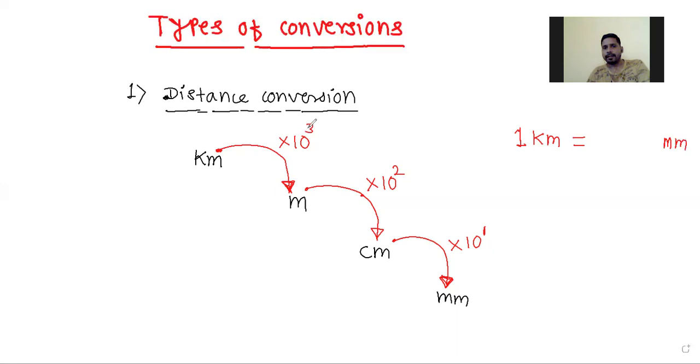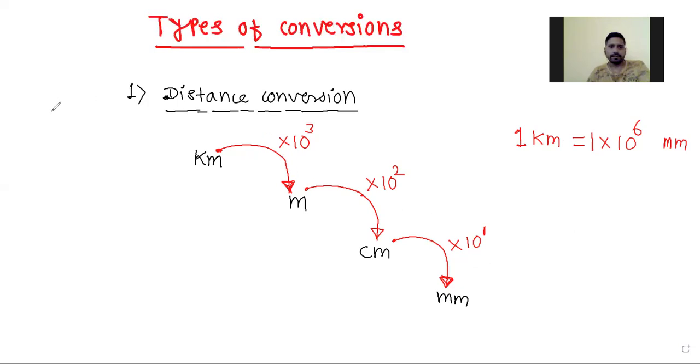So 10 to the power 3 multiply by 10 to the power 2 multiply by 10 to the power 1. So according to rule of indices, 3 and 2, 5 and 1, 6. So it is 1 into 10 raised to 6. So this is the conversion 1 kilometer to millimeter.